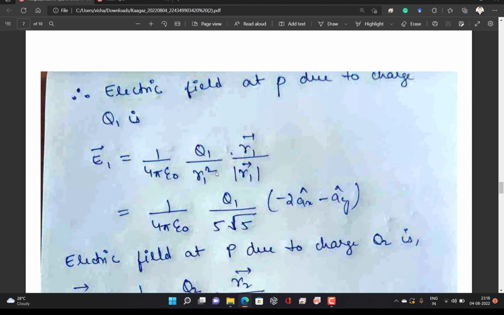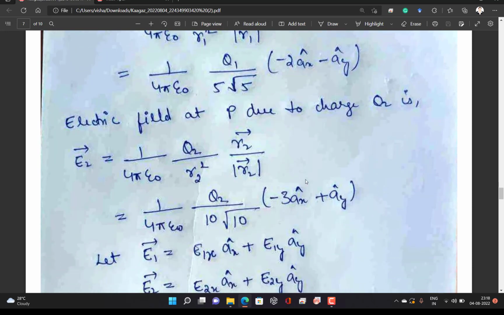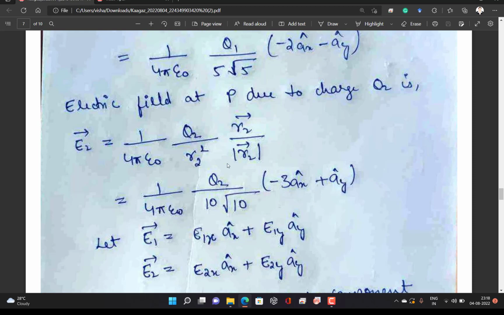The unit vector of R1 is the R1 vector upon the magnitude of the R1 vector, so the magnitude is root 5 and the R1 vector is minus 2 AX minus AY. Similarly, we know the value of R2 and the formula, so we put all the values in the formula and get the electric field at P due to charge Q2.